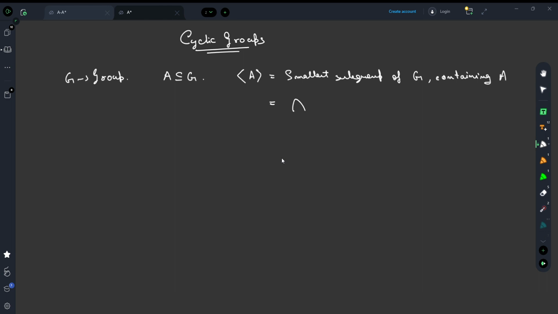One of them was the intersection of all the subgroups of G, each of which contained A. Right, this was one very obvious structure.